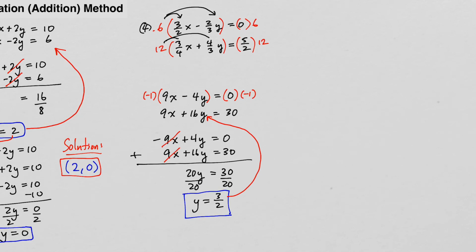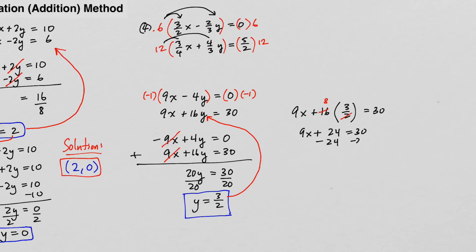So when we plug that in, we get 9x plus 16 multiplied by y, which is 3/2, equals 30. This is 9x plus 2 goes into 16 8 times, and then 8 times 3 is 24.